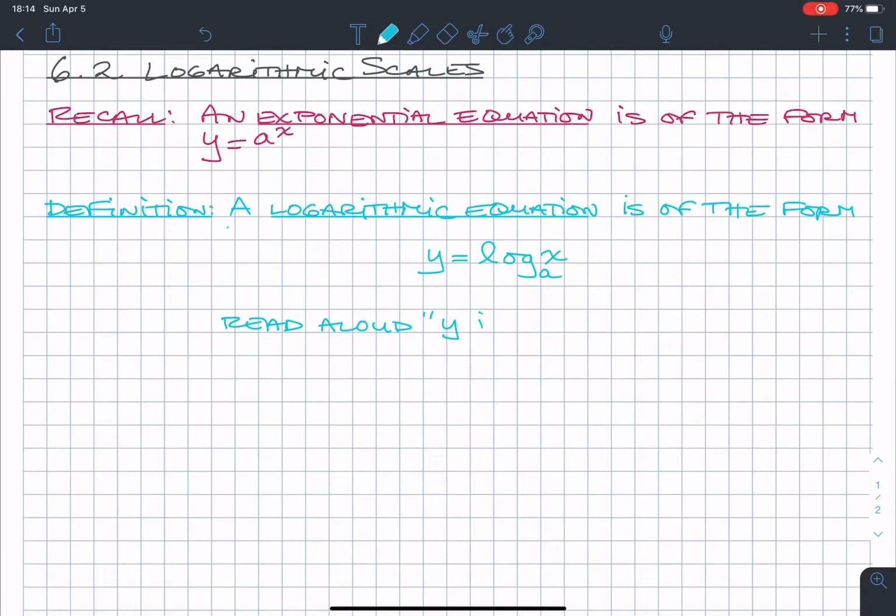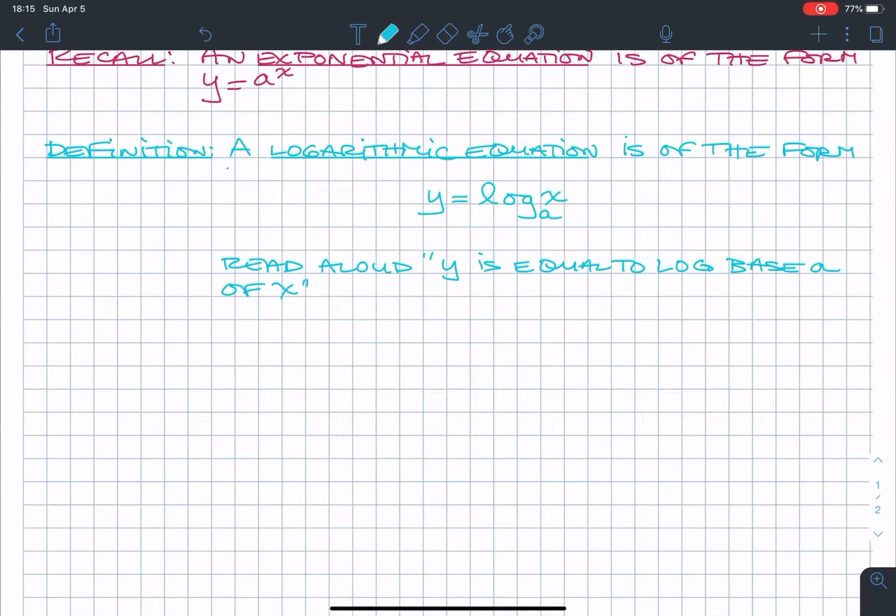That's how we say that: log base a of x.